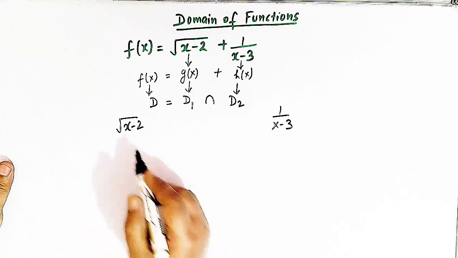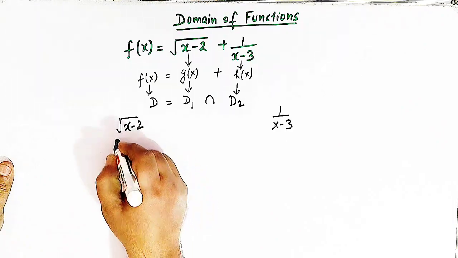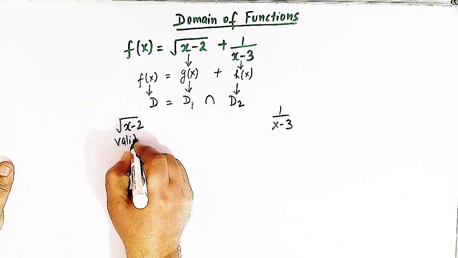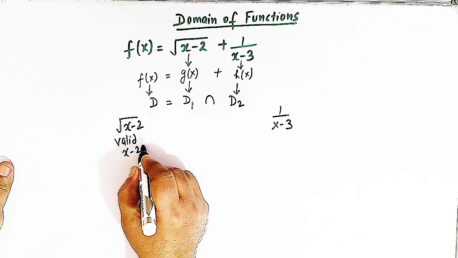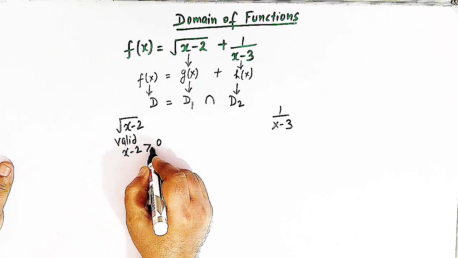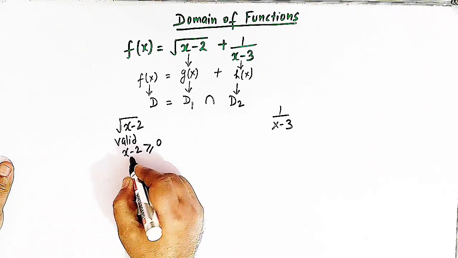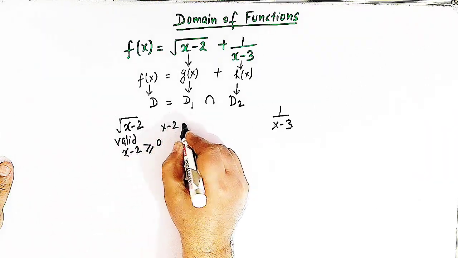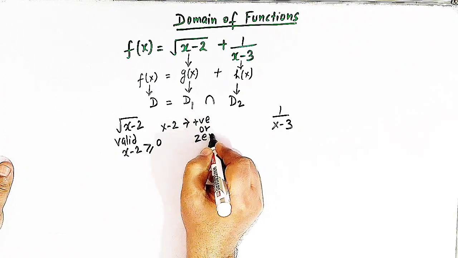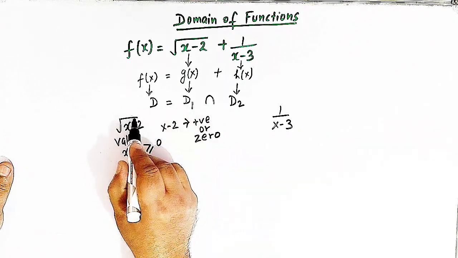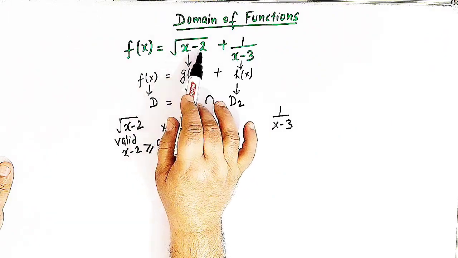Now the function square root of x minus 2 is valid only when x minus 2 is either greater than 0 or equal to 0, right? So x minus 2 has to be positive or 0 in order to define this function g of x.